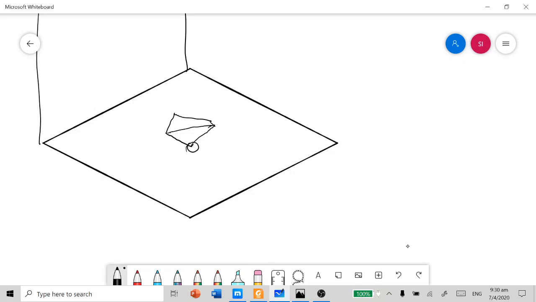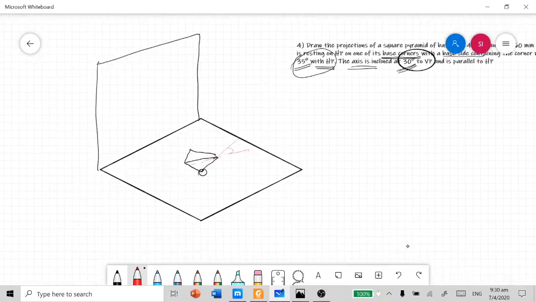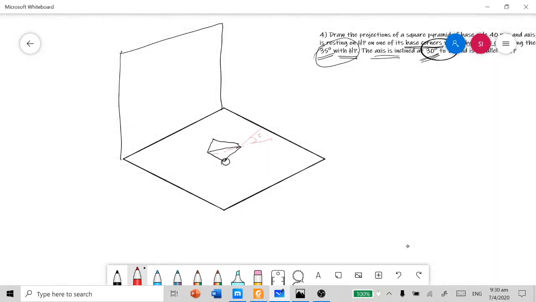This corner is going to rest on HP and the axis is parallel to HP and inclined at 30 degree to VP.